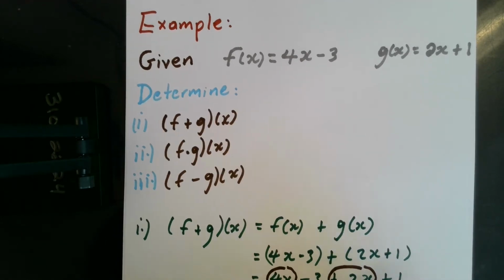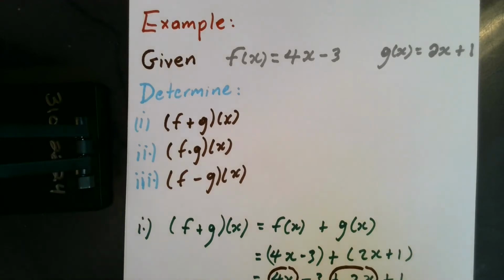All right. We are combining like terms. And negative 3 and 1. When we combine negative 3 and 1, we get negative 2. All right.